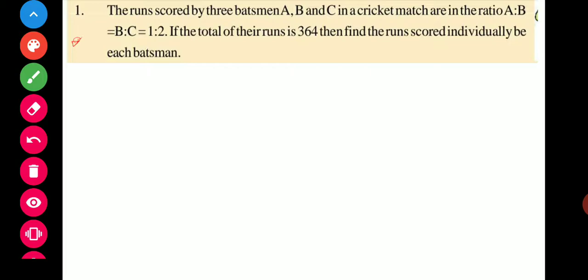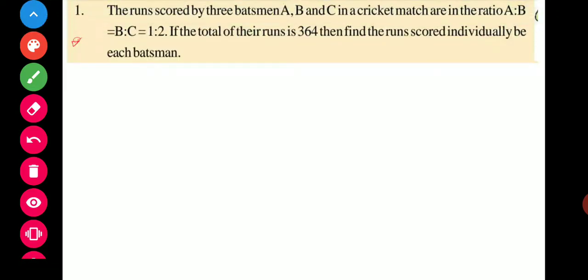In this question, the runs scored by three batsmen A, B, and C in a cricket match are in the ratio A : B and B : C, both are given 1 : 2.